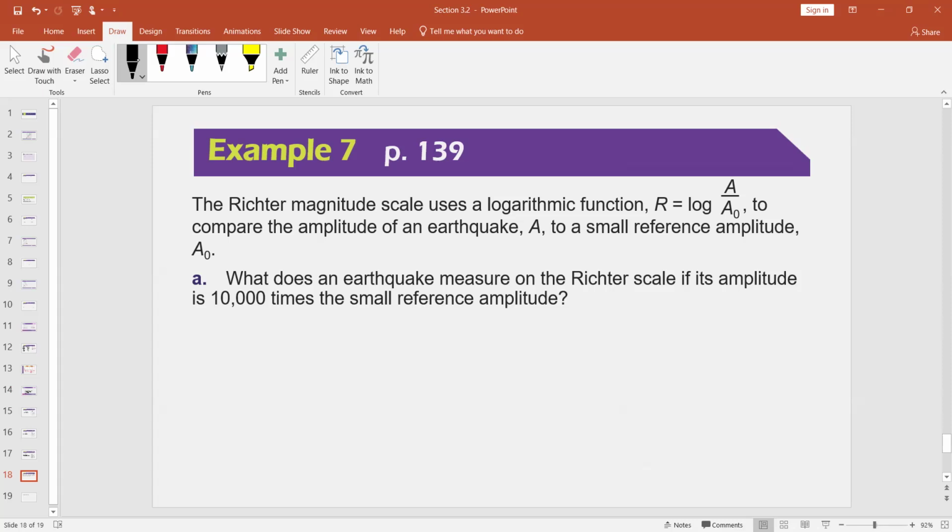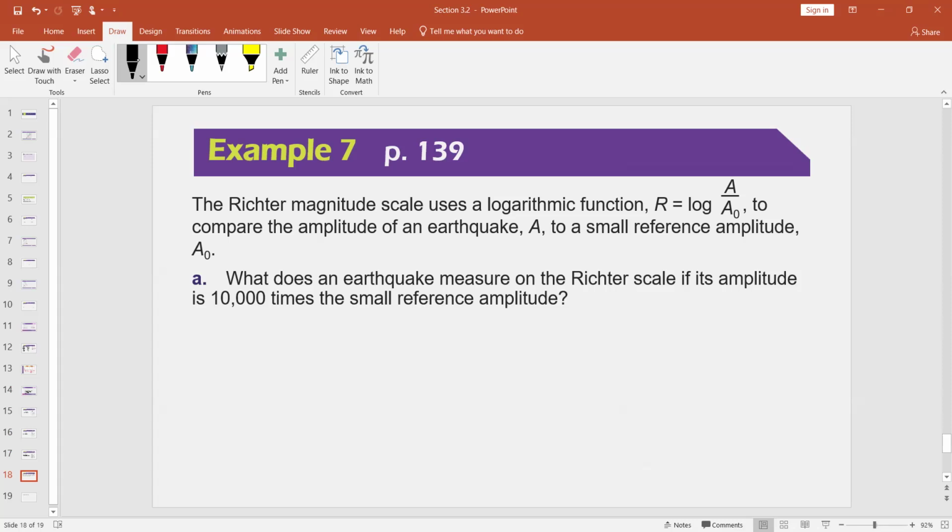What that means is that small changes in the scale can have huge impacts in the actual magnitude of whatever is happening. We use this with decibels, so sound intensity. We use this with pH, so acidity and basicity of a substance. And the example we're going to see here in class today is the Richter scale, so the amplitude of earthquakes.